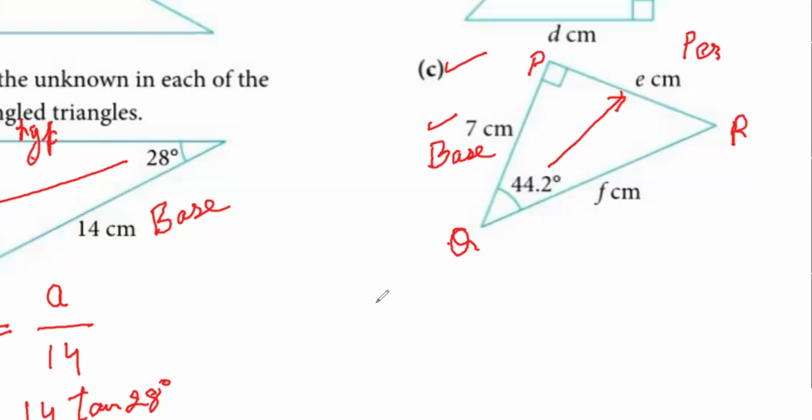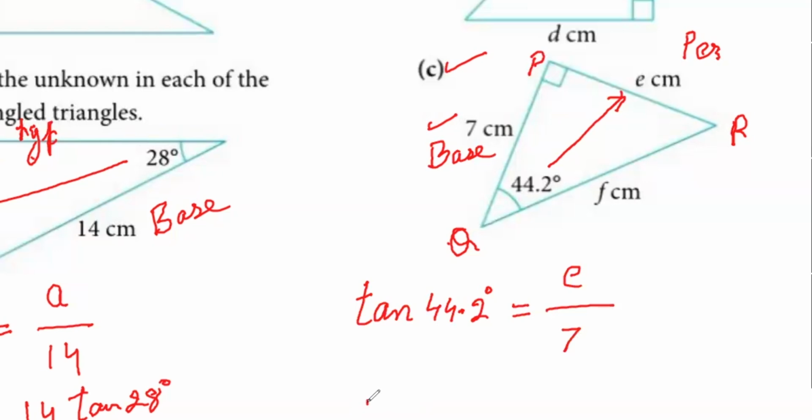So here to find out E, we are going to use tan of 44.2 degree is equal to perpendicular, which is E, and over the base, which is 7.